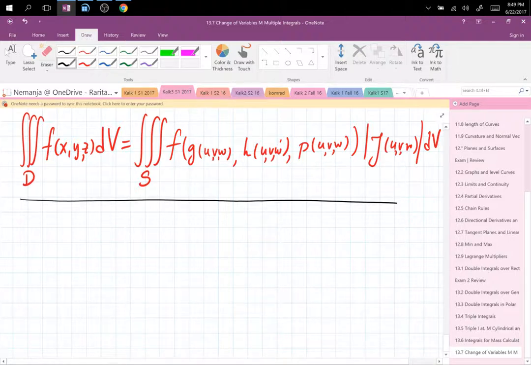All right, let's try one of the interesting problems, see how this works.